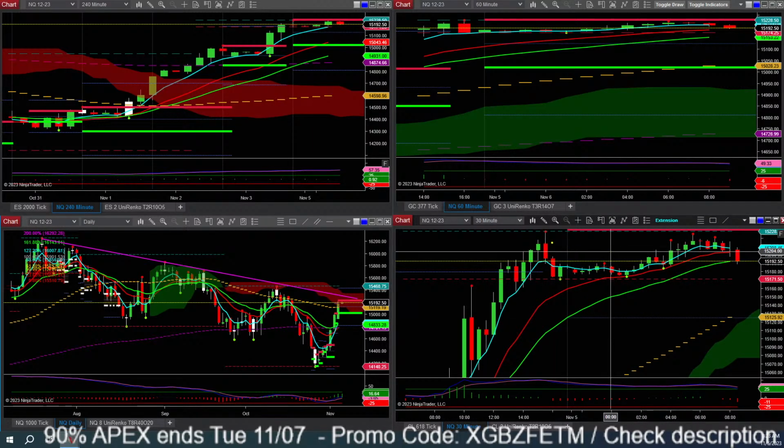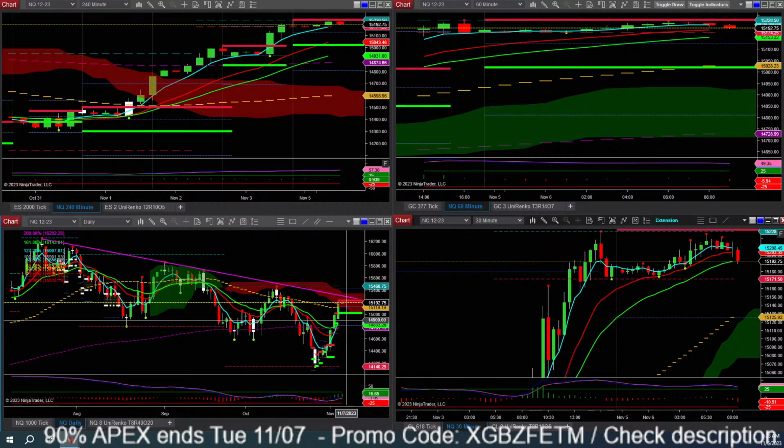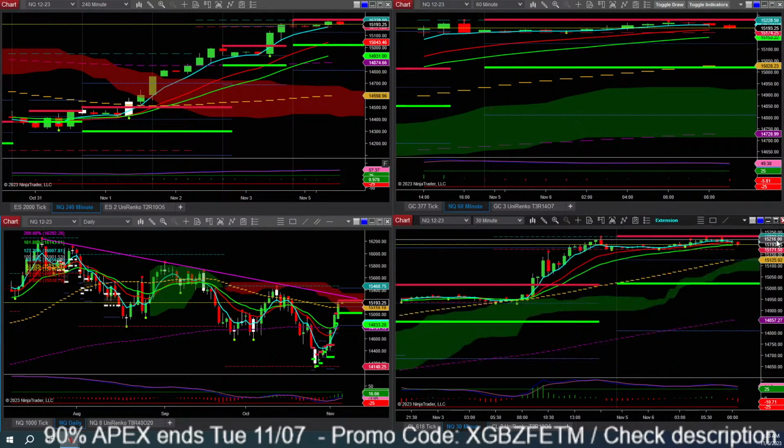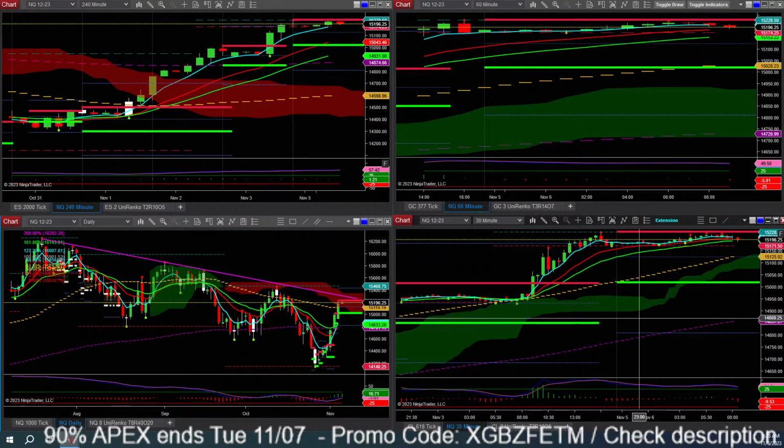There's a similar high right here, with a little bit of a move to the downside. So it's reversing, facing that resistance up here. I would say that it's somewhat bearish, and you see there's a bearish momentum triggering right here now.